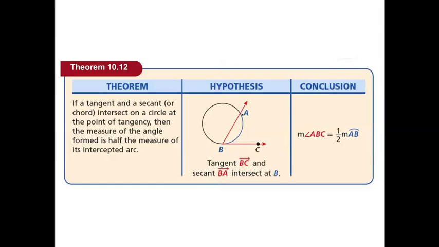That's the intercepted arc. And what I need to take away from this theorem is that the angle created here is going to be half of whatever the measure of this intercepted arc is. So if this intercepted arc is 100 degrees, then the actual angle at ABC is going to be 50 degrees, because it's half of the intercepted arc, as you can see over here.